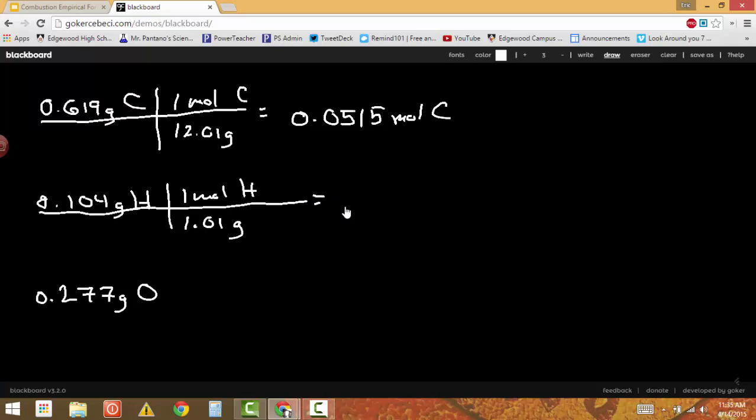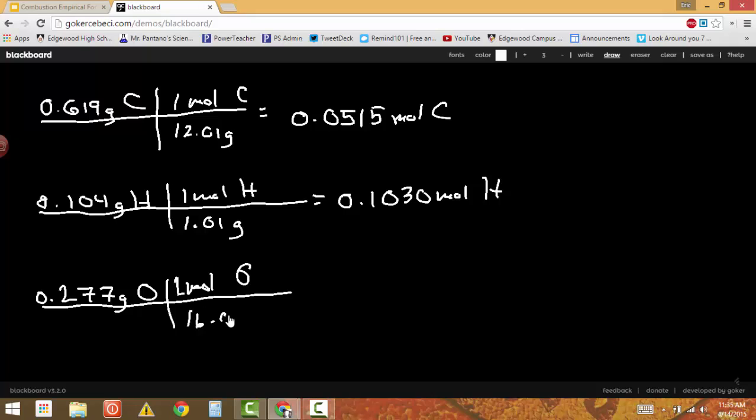That gives me 0.1030 moles of hydrogen. And 1 mole of oxygen is 16.00 grams. And that gives me 0.0173 moles of oxygen. That's step 2.